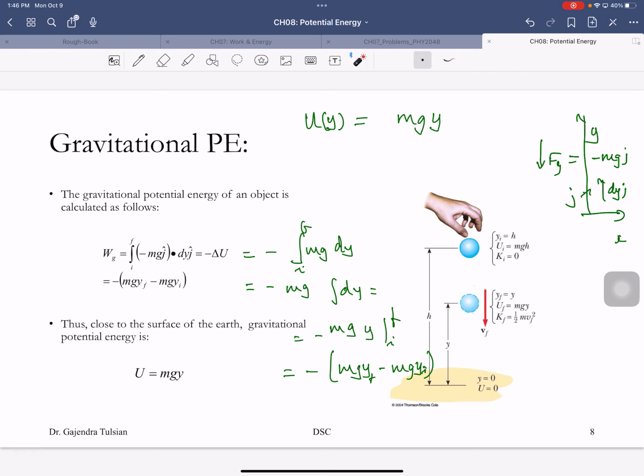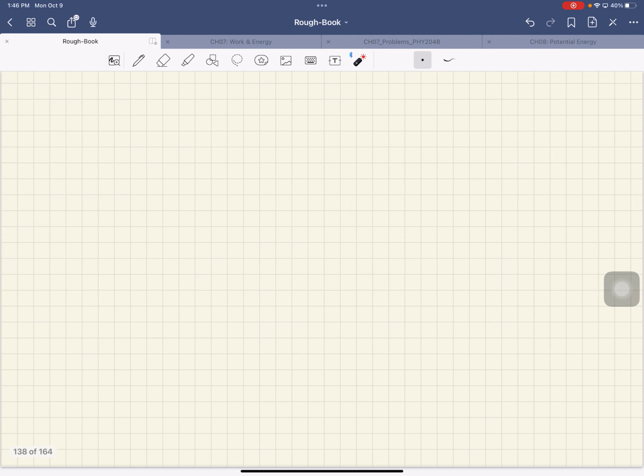All right, so here's where we stand. What are conservative forces? This is just a reminder. Conservative forces are forces that can be represented like that. What are the 3 conservative forces?